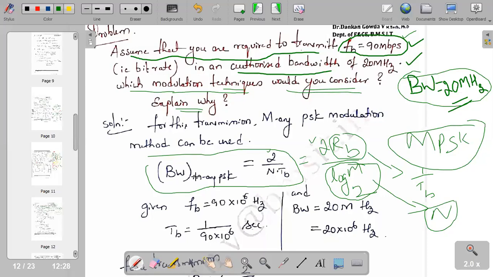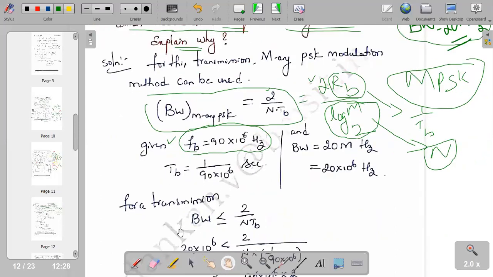Now from this expression, observe here, it is given that FB is equal to 90 into 10 power 6, that is 90 megahertz. From this, we can calculate the value of your bit duration.